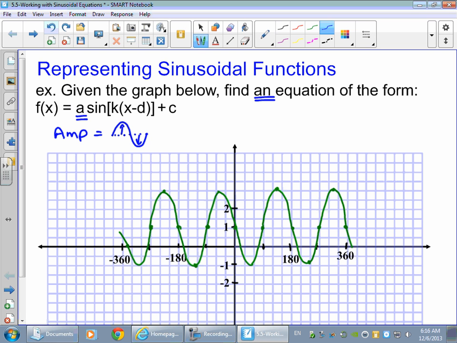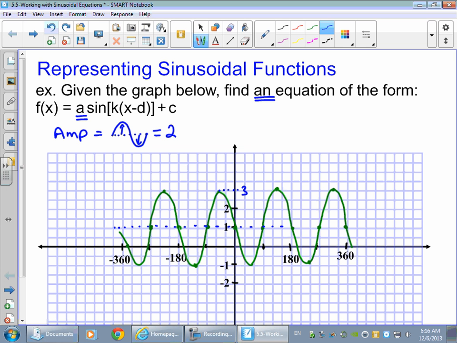And so if I can establish where the middle of the curve is, I can simply count up or count down. It looks pretty clear here that the middle of the curve is right there at +1. The maximum values are up here at +3. And so my amplitude is 2.